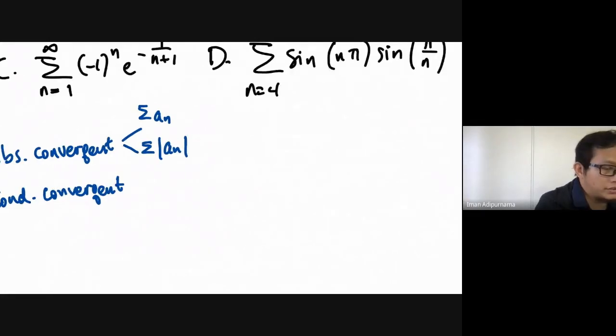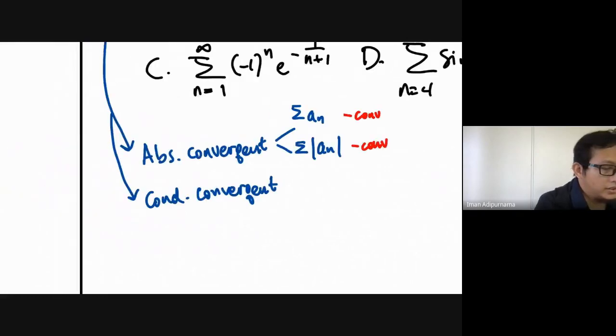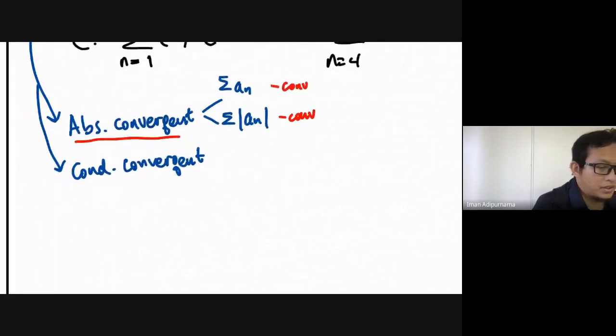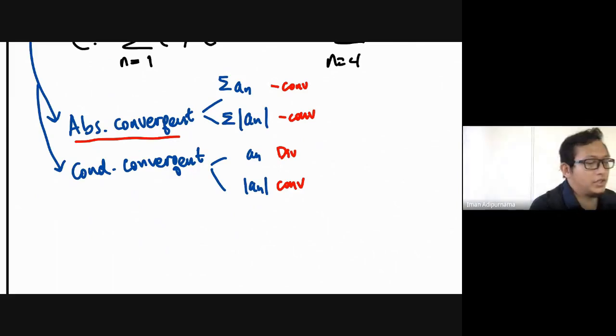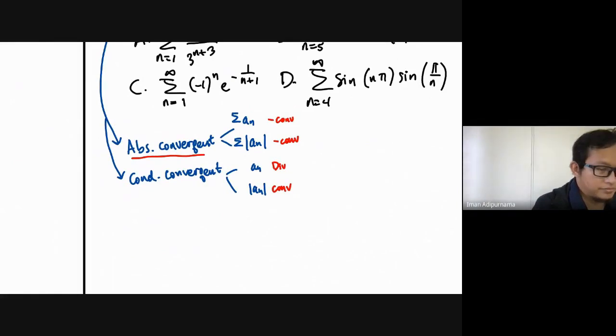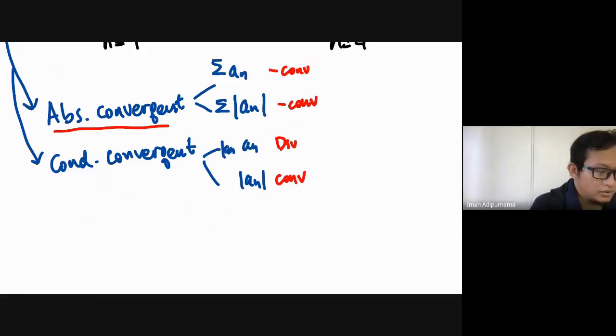If both are convergent, then it's absolutely convergent. If one is diverged and one is converged, then you can say that's conditionally convergent.